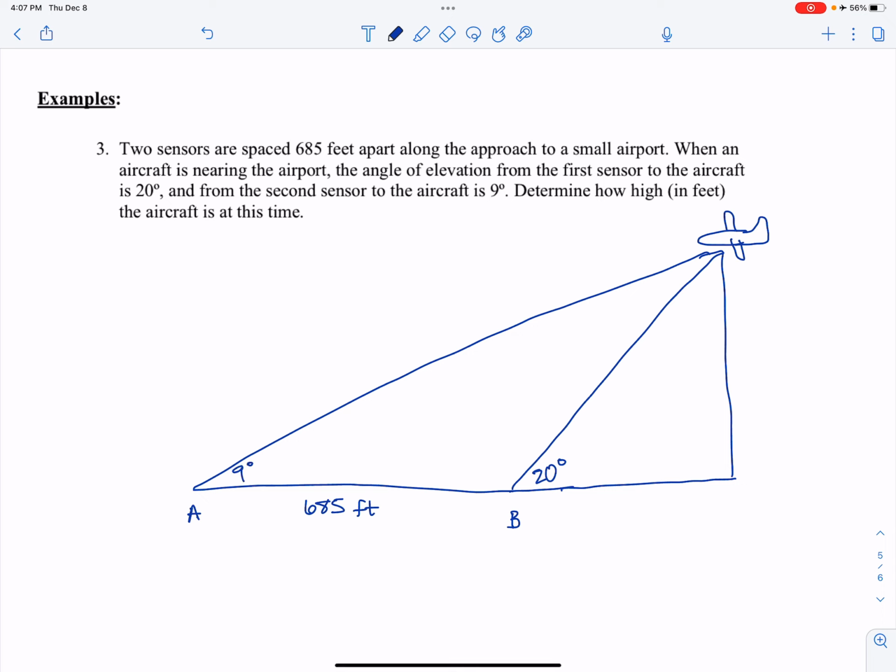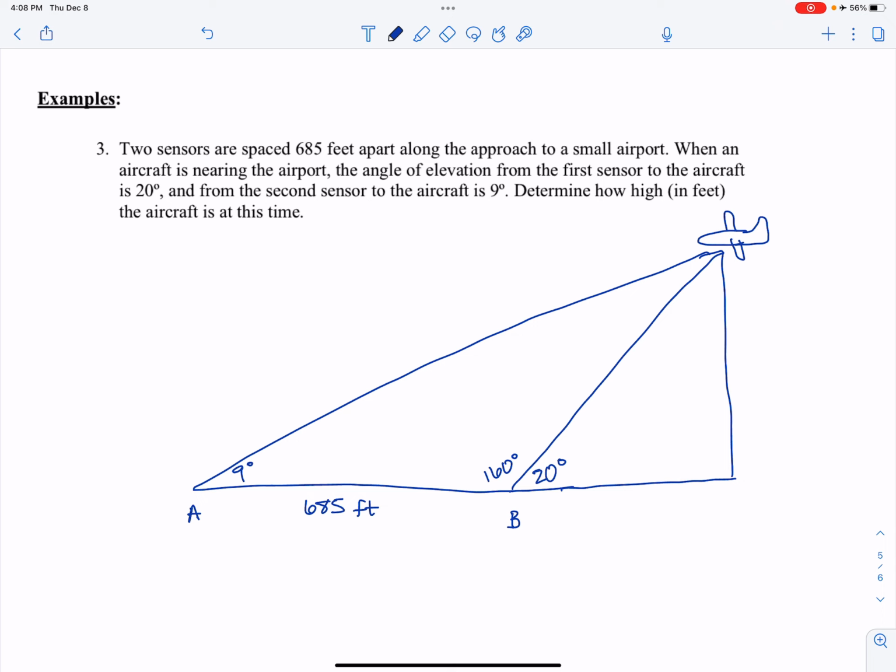Okay, there we go. So what I'm trying to say is, since this is making 180 degrees, we know that this angle is going to be 160 because we already have 20 of it.